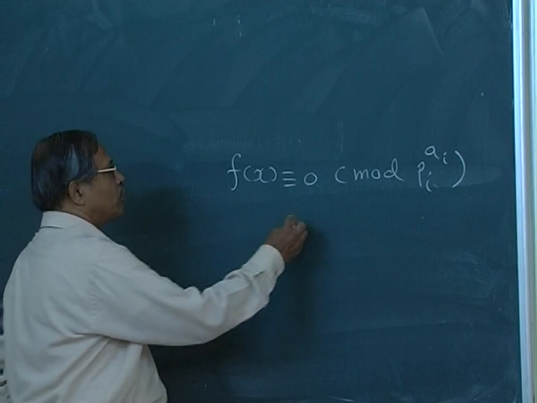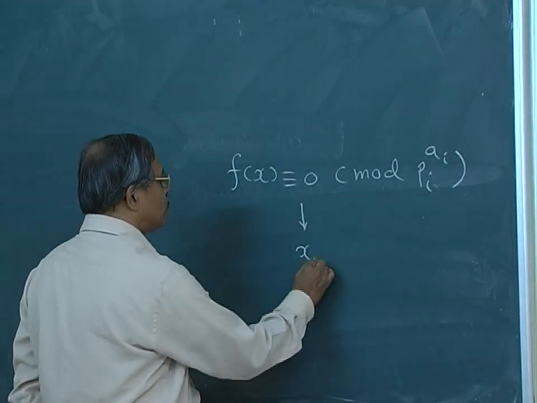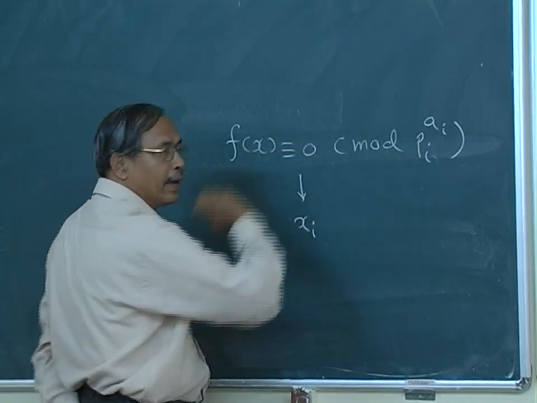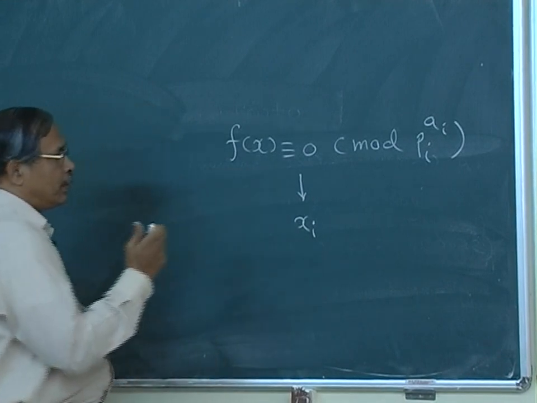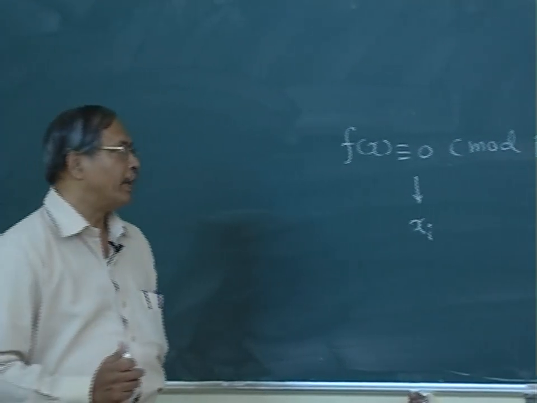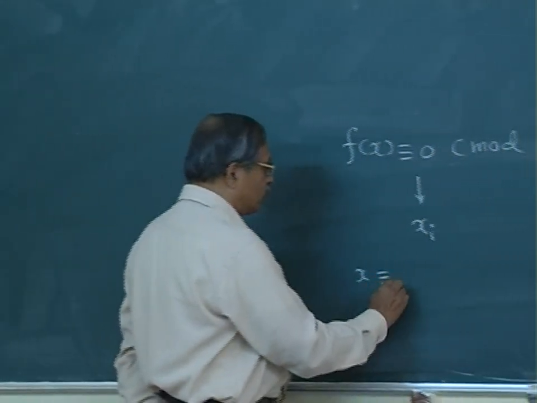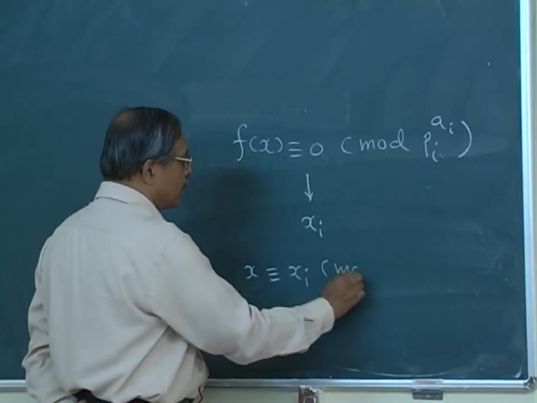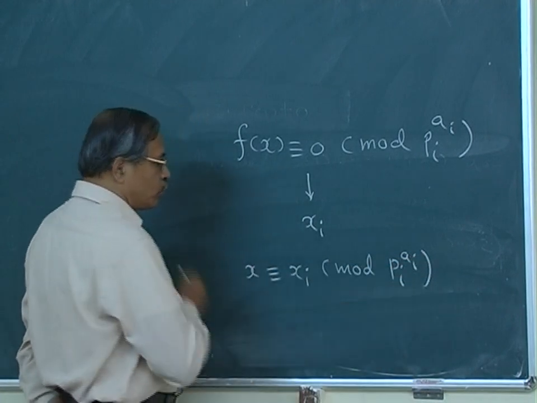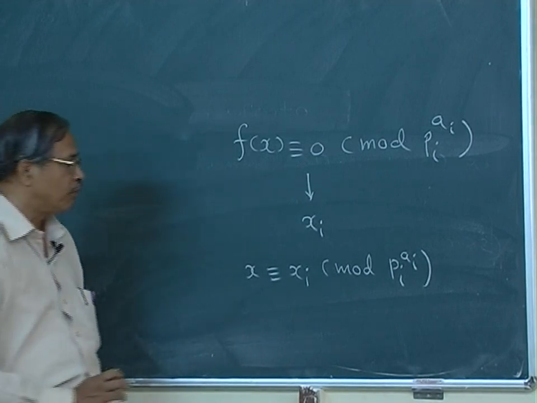Like, take a solution of this, let us say x_i is the solution of f(x) congruent to 0 mod p_i raised to a_i. So x_1, x_2, x_r, we get these are solutions for various p_i raised to a_i. Then you find x congruent to x_i mod p_i raised to a_i, a common solution to this system of congruences.